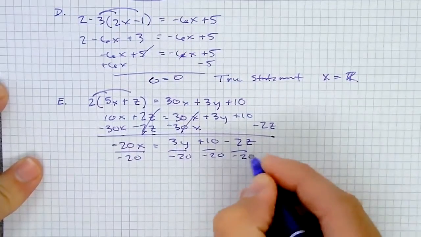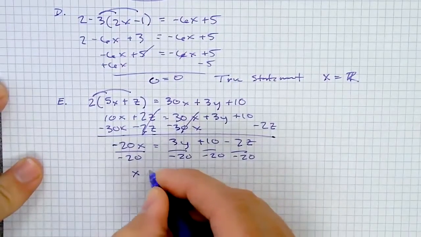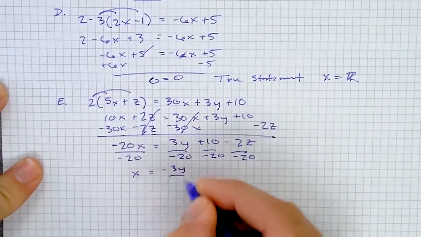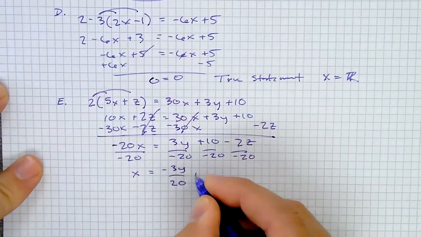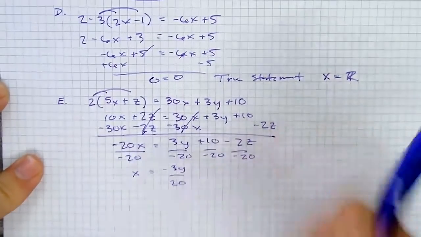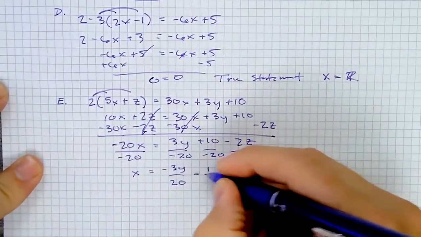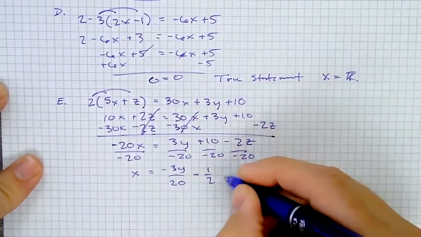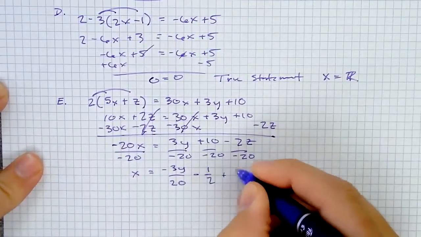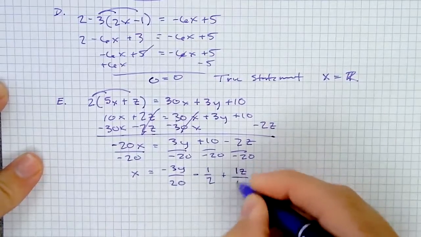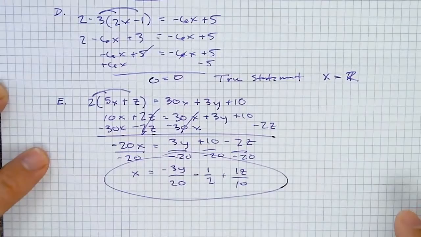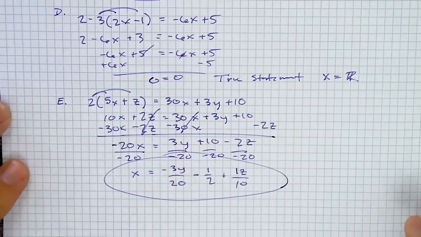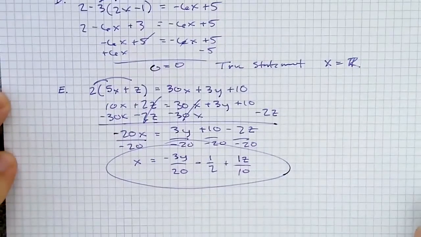Does it look pretty? No, but that's okay. Negative 3y over 20. This is just going to be minus 1/2. Negative 2z divided by negative 20 would be a positive 1z over 10. That's ugly, but it is what it is.